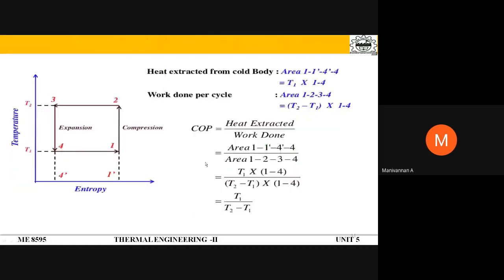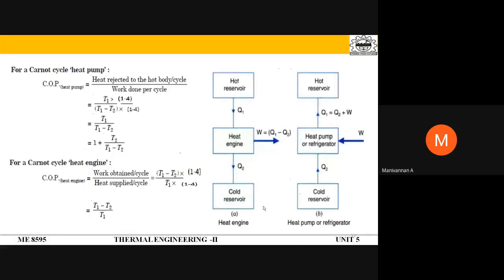The COP of the reversed Carnot cycle will be T1 by T2 minus T1. And we compared the refrigeration system, heat pump and heat engine, and how they perform. The coefficient of performance of a heat pump will be one unit higher than the coefficient of performance of the refrigeration system.